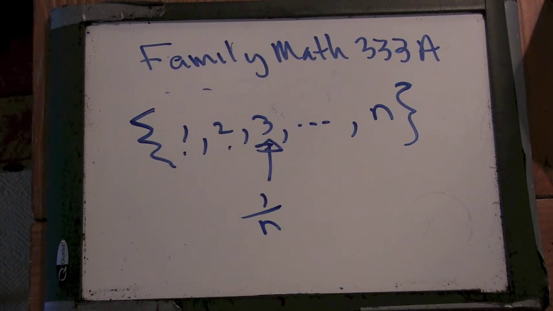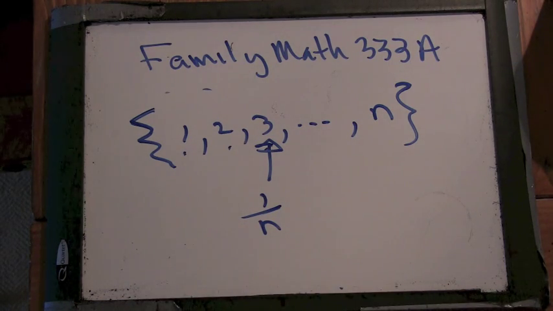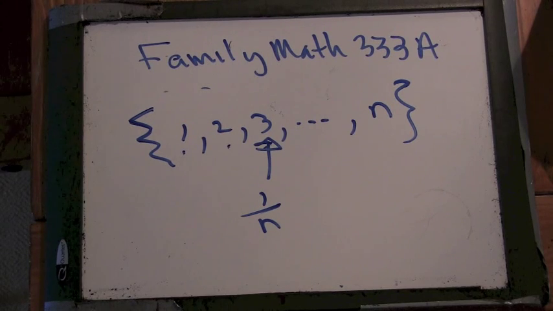This comes into play in a couple of different ways in what we were talking about yesterday and what we're going to talk about today. How many integers here are divisible by 2? Well, half of them. Well, maybe not half of them. It could be half of them or one less than half of them, because n could be odd.